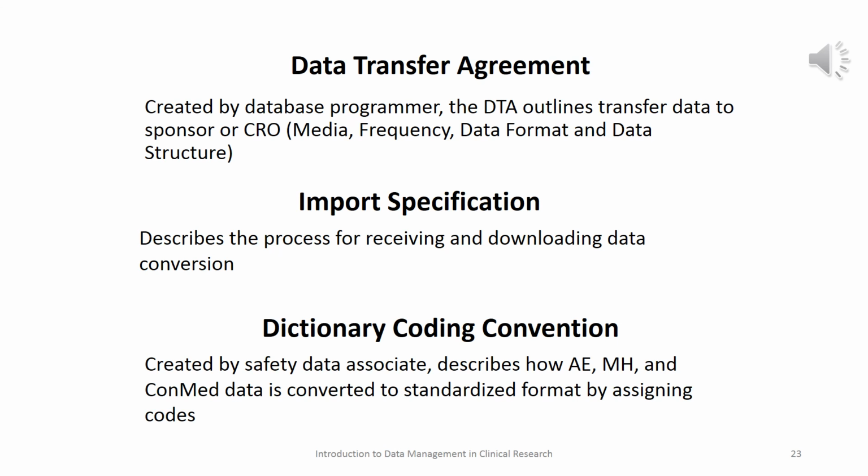So we'll use a series of dictionaries for this. We may use the World Health Organization Drug Dictionary. For others, we may use the MedDRA dictionary for assessing adverse event and medical history. What we're trying to do is make sure that we're using the same terms for each medical condition and for each drug name. So these dictionaries assist us in doing that.